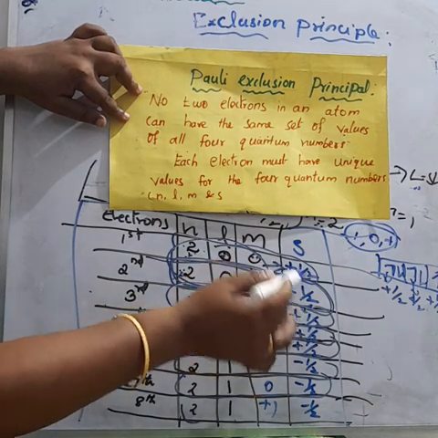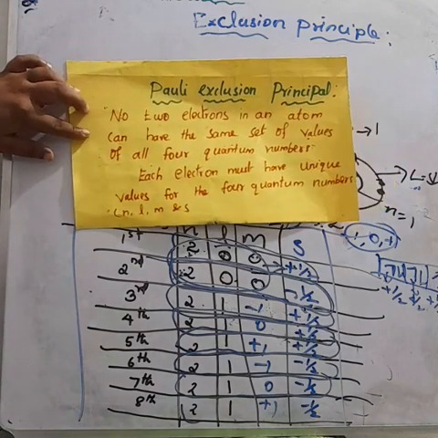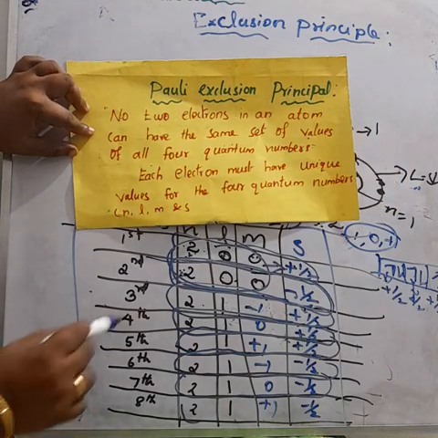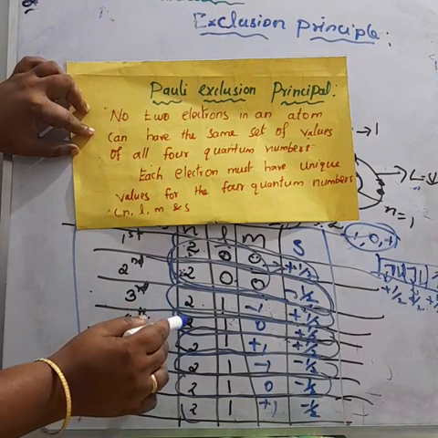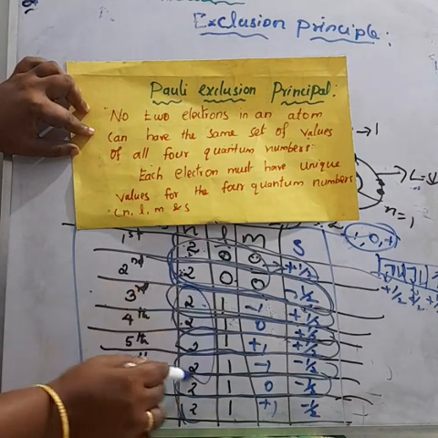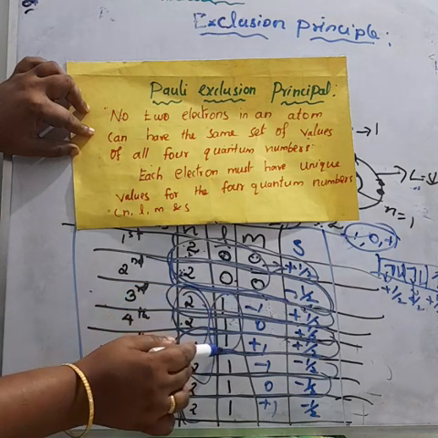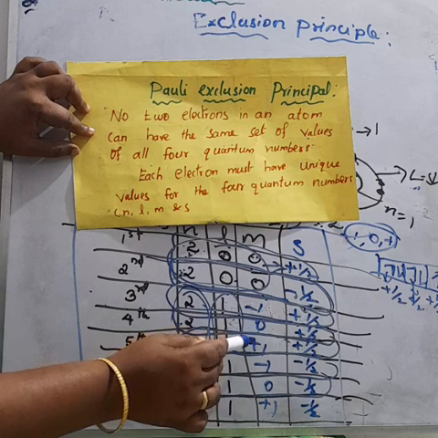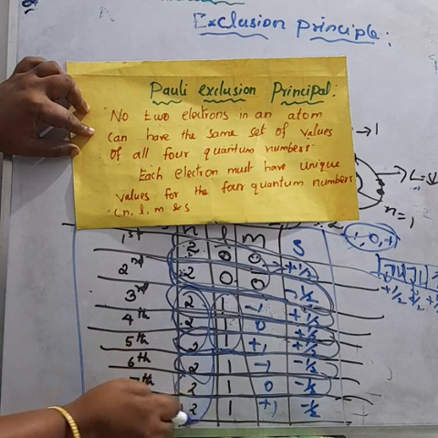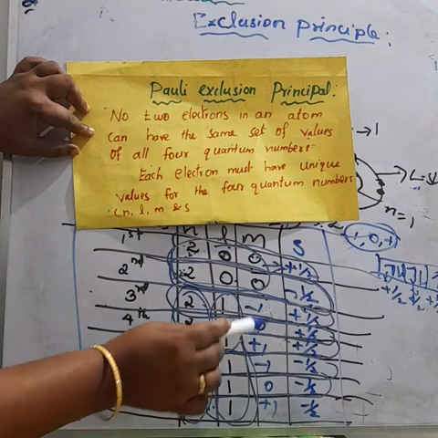And listen here, for the 3rd and 4th electrons, the principal quantum number is the same, and the azimuthal quantum number is also the same. For the next 6 electrons, the principal and azimuthal quantum numbers are also the same, and the magnetic quantum number differs.